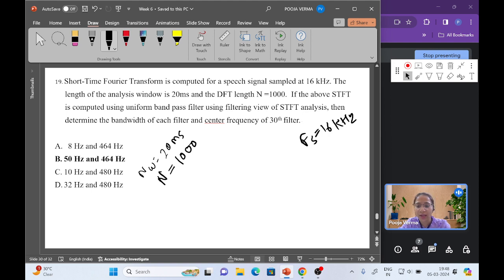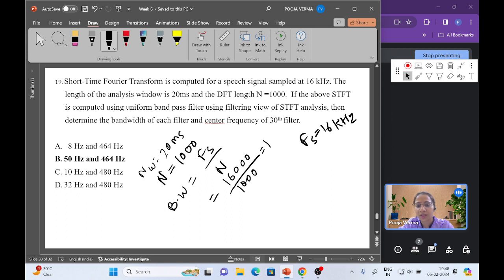So what is the bandwidth of each filter? The bandwidth of the filter is defined by the sampling frequency divided by the length of the DFT. The sampling frequency is 16 kilohertz, that is 16,000, and N is 1000.